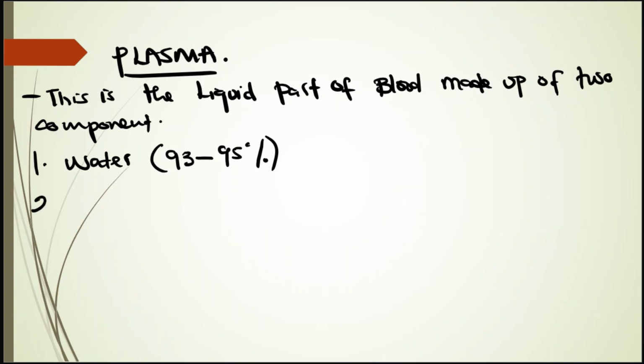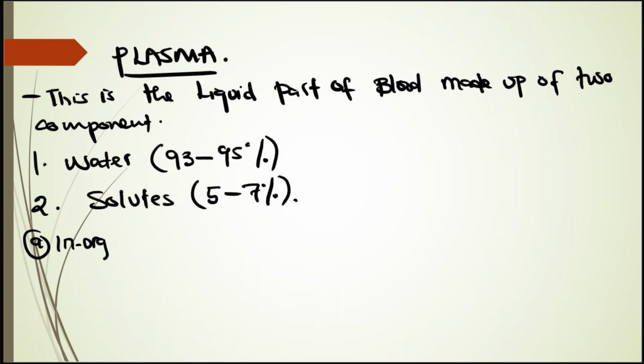And then number two, it's made up of solutes. The solutes in plasma are about 5 to 7%. These solutes in plasma are of two types. We've got A, inorganic solutes, and B, organic solutes.